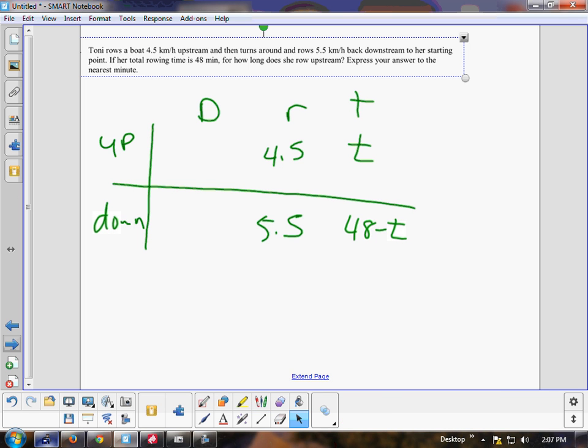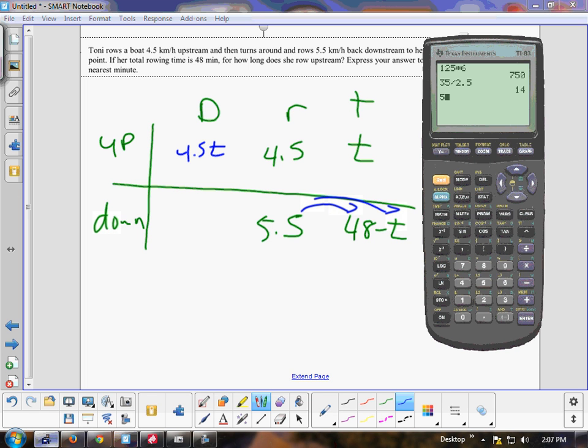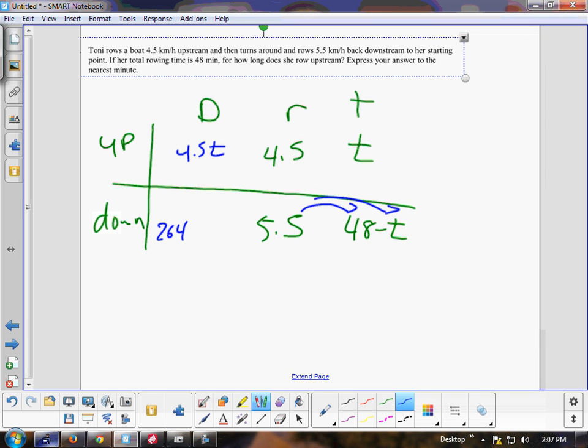Okay, so basically here we have distance, rate times time, 4.5t, and rate times time, which would be 5.5 times (48 minus t), which is 264 minus 5.5t. Now it says her total rowing time is 48 minutes. She starts, goes upstream, and then comes back, so her distance is the same.